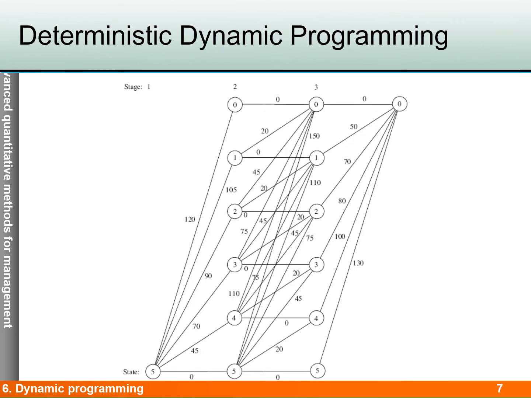This slide shows graphically what we had in the previous table. Okay, so these are different stages, no? Stage 1, stage 2, and stage 3. As you see here, guys, you should pay attention to one important item.